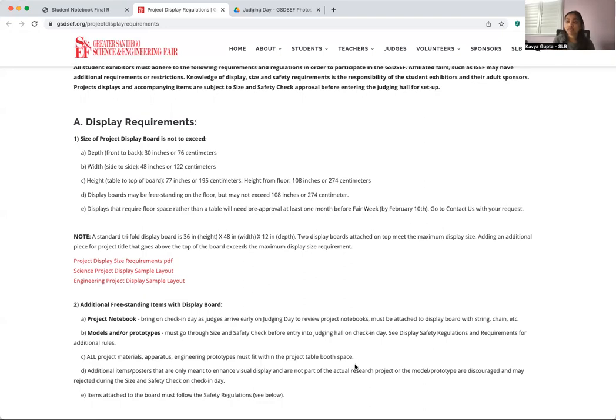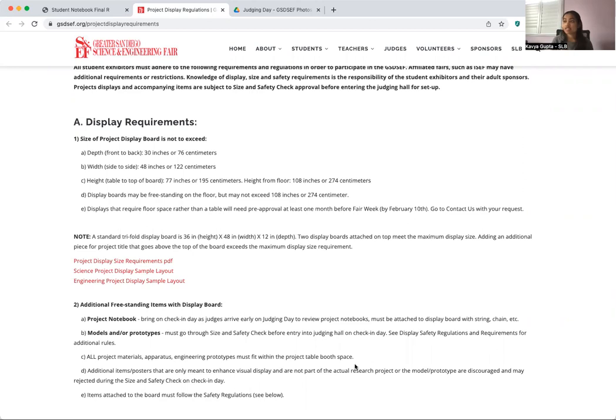The width, side to side, should be around 48 inches, and the height should be less than 77 inches. The height from the floor, because we would put it on a table, should be no more than 108 inches. So these are the guidelines. You can have them smaller than this, but it depends on how you want to create your poster board.